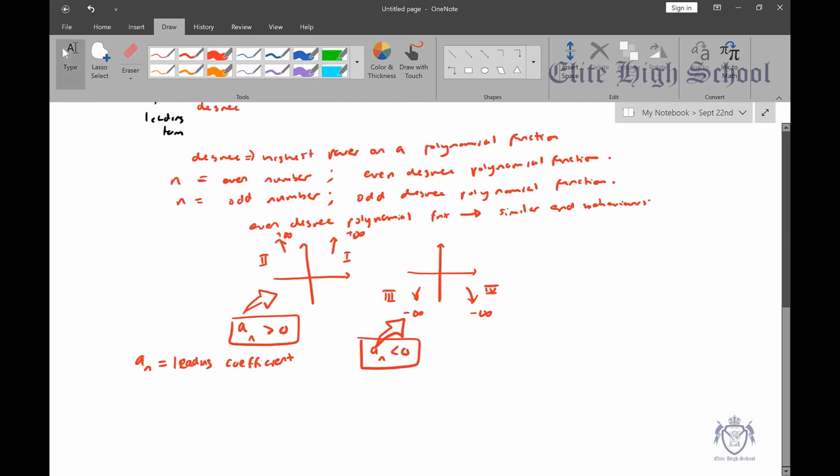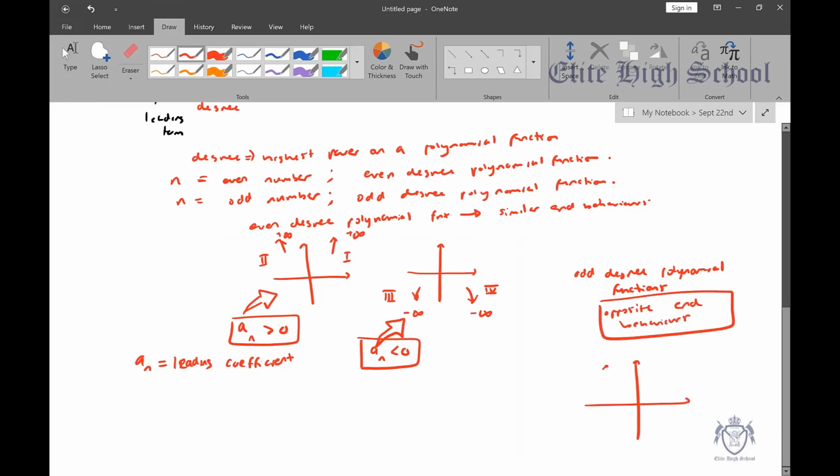Now we also mentioned that in the case of odd degree polynomial functions, these guys are going to have opposite end behaviors. What I mean by opposite end behaviors is they will have end behaviors in opposite quadrants.